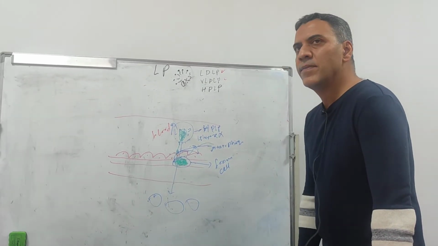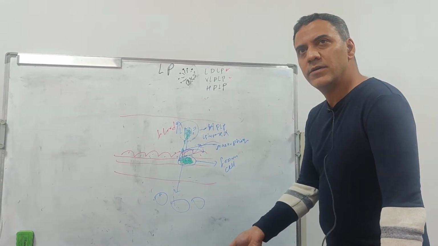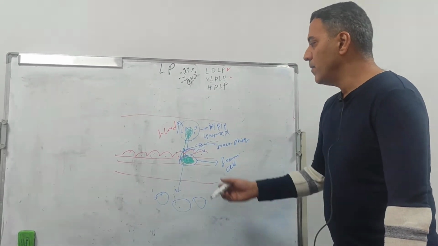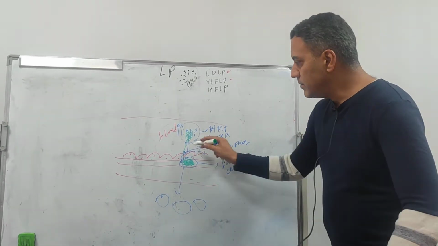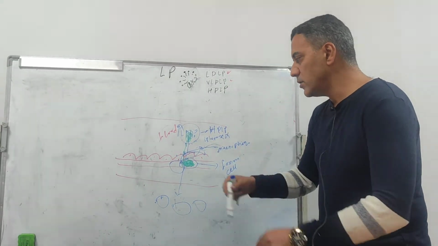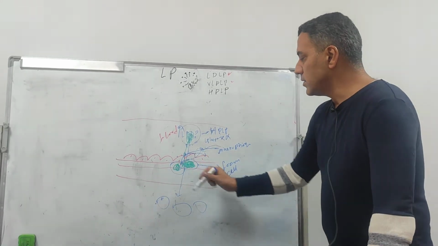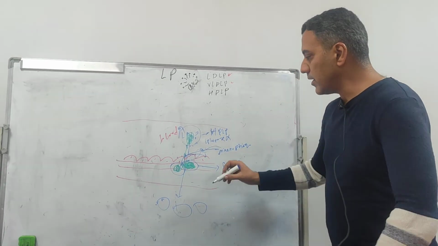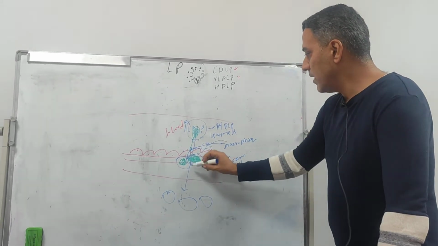We call this cell a foam cell. So what is a foam cell? It is a macrophage accumulated with fat. It cannot digest this fat. Then what happens? Over time new fat comes here and new macrophages come and accumulate fat inside, forming foam cells. Over time there is migration of muscle cells from the smooth muscle layer.